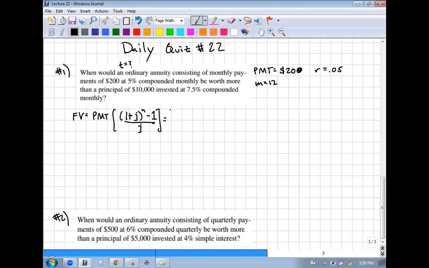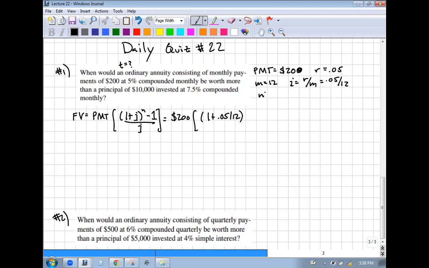Our PMT is 200. And what is our I here? Our I is the rate per period, so 0.05 over 12.